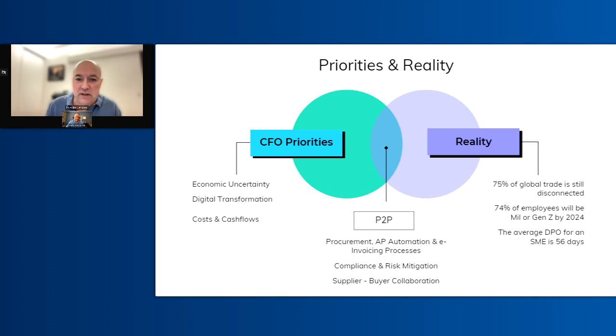And then I look at the 74% of employees being millennial or Gen Z, and I think buying behavior will change. I did not know 4 years ago that I'd be working from home. I mean, you already brought it up. That's a huge change. And then the last point there, the average DPO for an SME is 56 days.